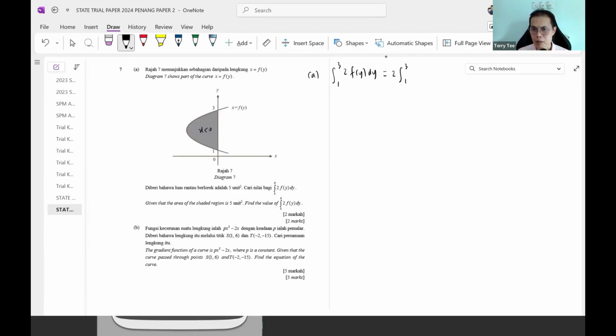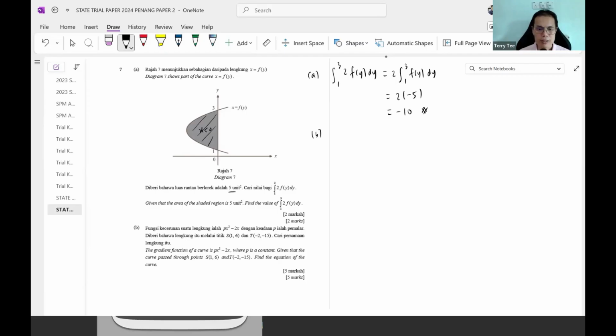We know this integral of f(y) dy from 1 to 3 represents this part here, and the area is 5, but we cannot write 5. We have to put negative 5 because it's on the left-hand side of the y-axis. The result of integration is negative. The answer is negative 10. That is part (a).